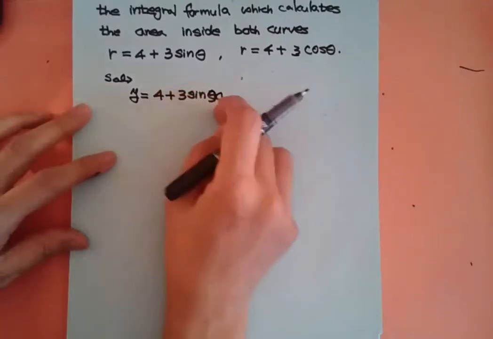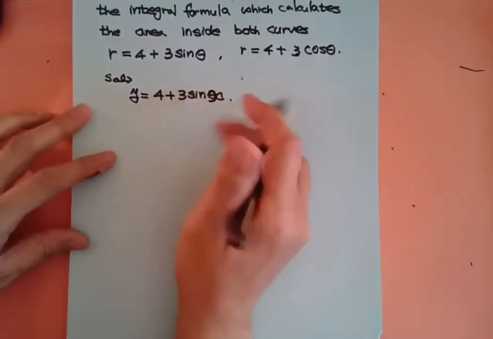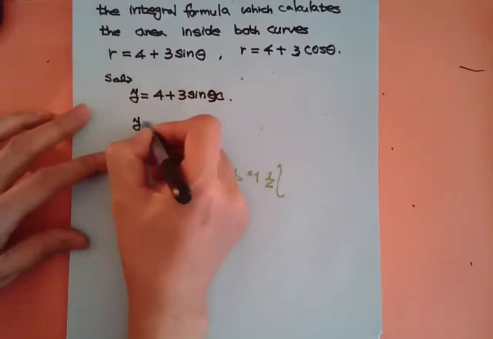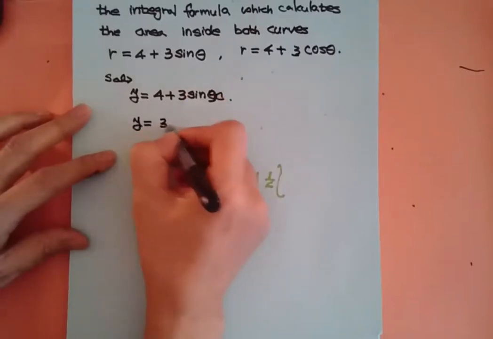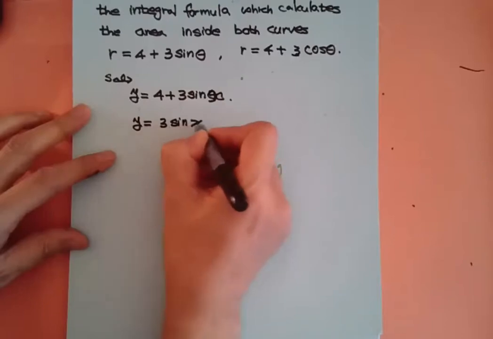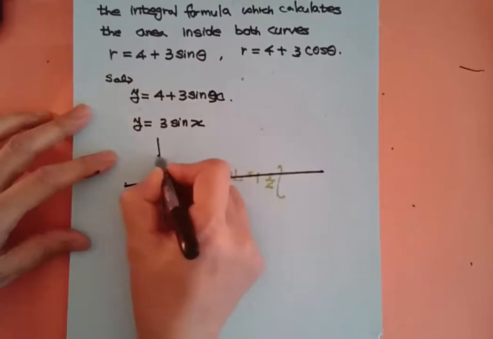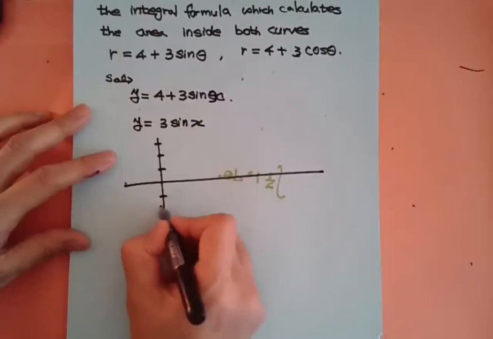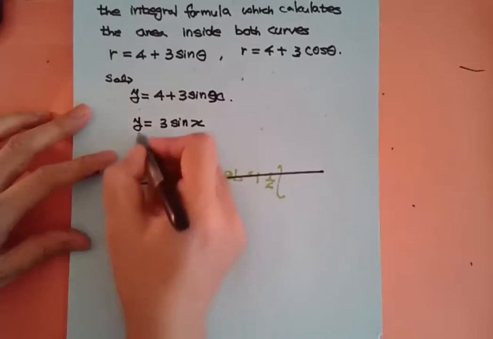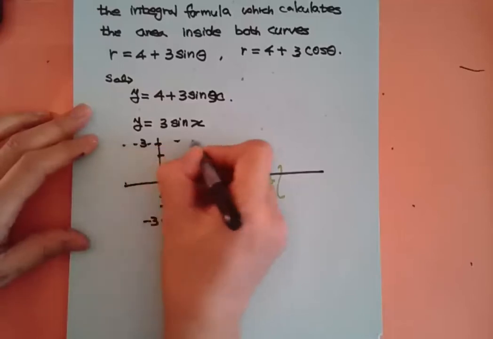So let's graph this. To do that, we first figure out y equals 3 sine of x. It is bounded by 3 and minus 3.